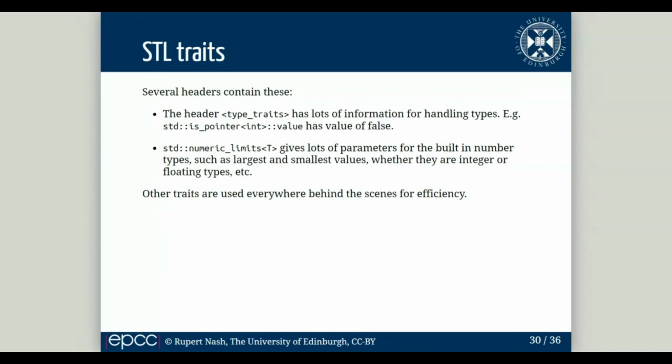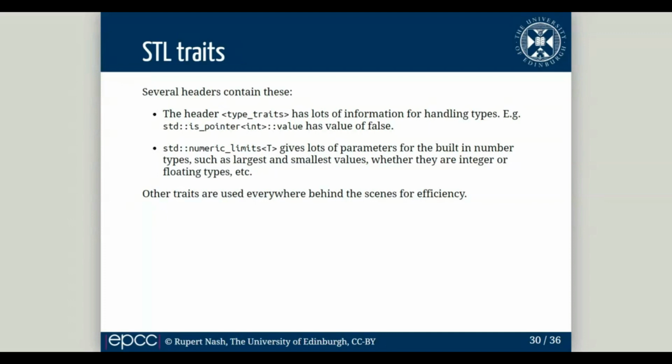There's a standard header for this called type_traits, and this has a lot of detail. I'm going to talk through one specific example related to HPC, a definite example of where this can be very useful. An example here would be something like, is this a pointer? For an int, is this a pointer?